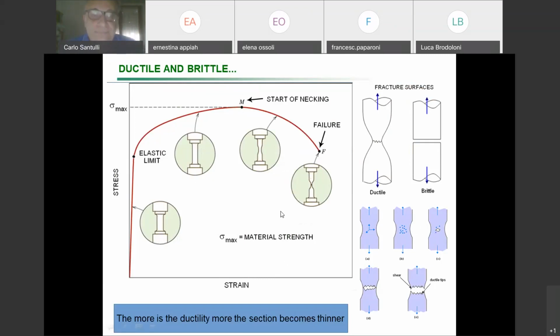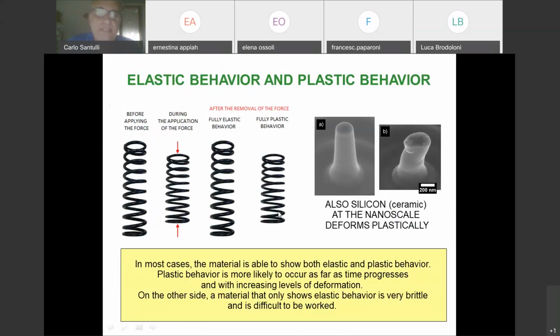Of course, this is again our spring. And what is very interesting is that at the beginning we were thinking that ceramics had no plastic behavior. That was the idea.